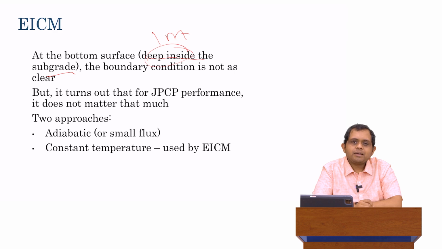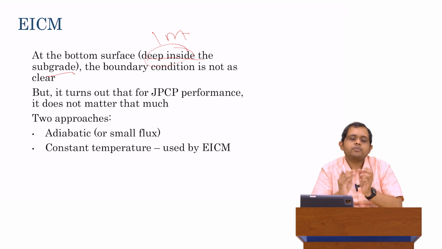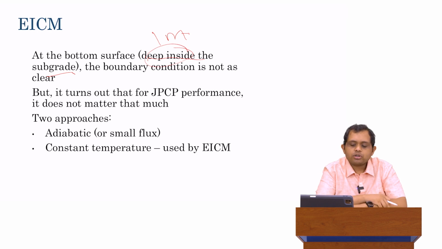So in the previous example for the surface boundary, I had told you to imagine yourself standing on the road and what are the different physics going on. So I hope it was a little bit intuitive based on what you've done. But I'm definitely not going to ask you to dig yourself deep into the road and then imagine what's going on down there. So it's a little bit unclear what that boundary condition at the bottom surface should be. It turns out, however, that for JPCP, it does not really matter.